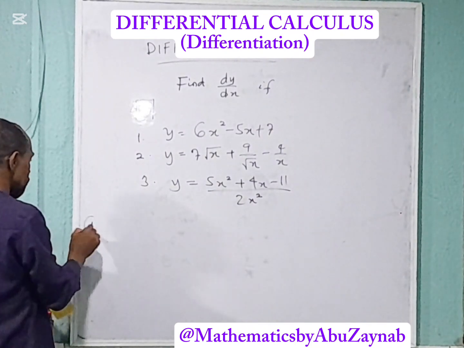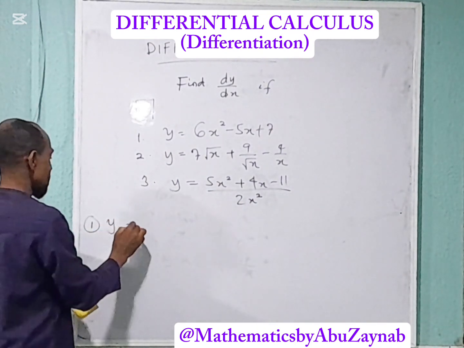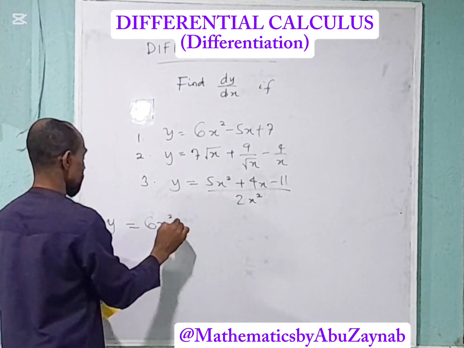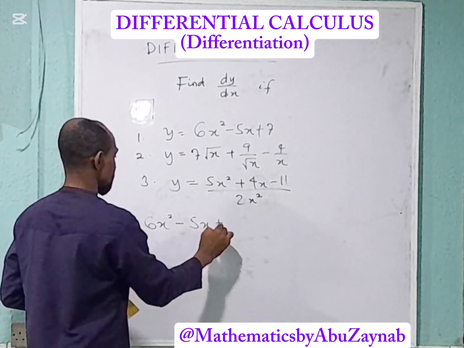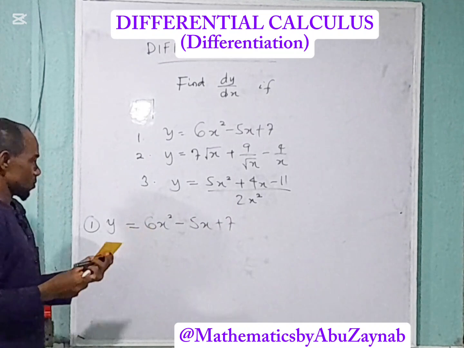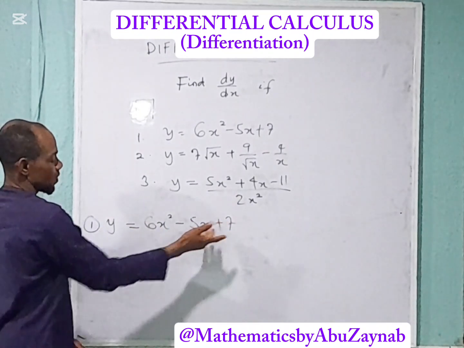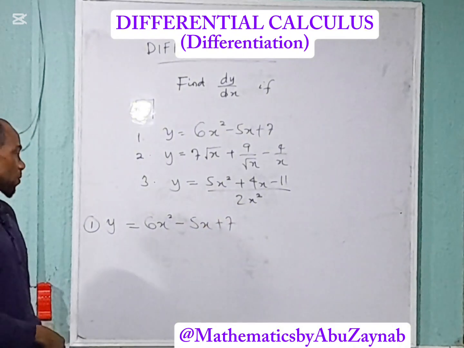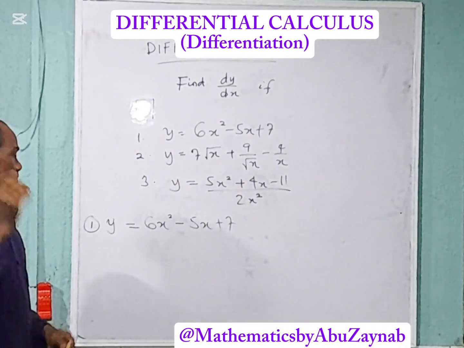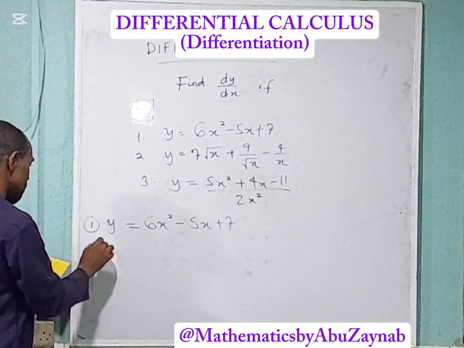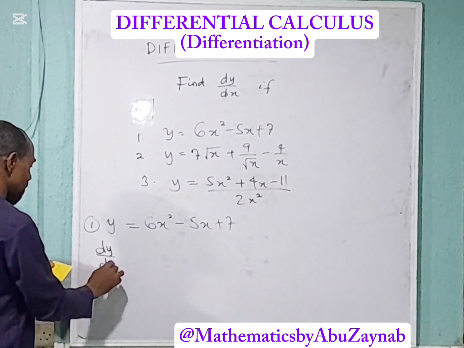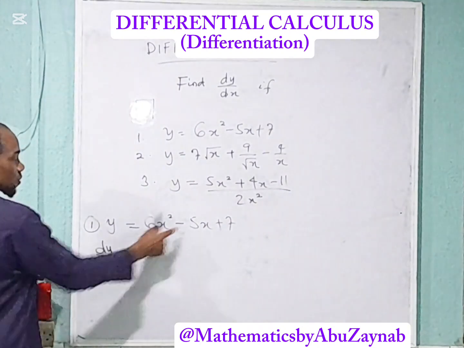Now, solution 1. We have y is equals 6x squared minus 5x plus 7. This is the original question, y. So if you have to differentiate, these are exclusively written in terms of algebraic. So bear in mind, from the table, you just say dy dx. That is differentiating y with respect to x.